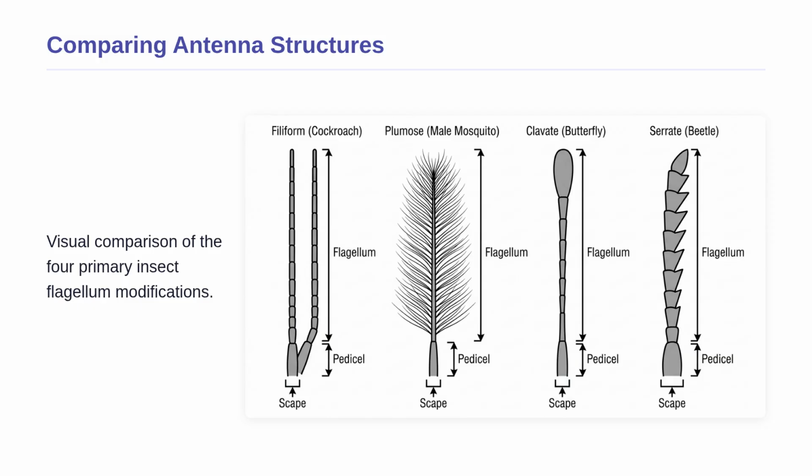Notice how much more surface area the feathery branches create. Moving right, we see the clavate antenna of a butterfly, which thickens into a club shape at the tip. Finally, on the far right is the serrate antenna of a beetle, featuring jagged, saw-like edges. Each shape perfectly matches the insect's ecological needs.